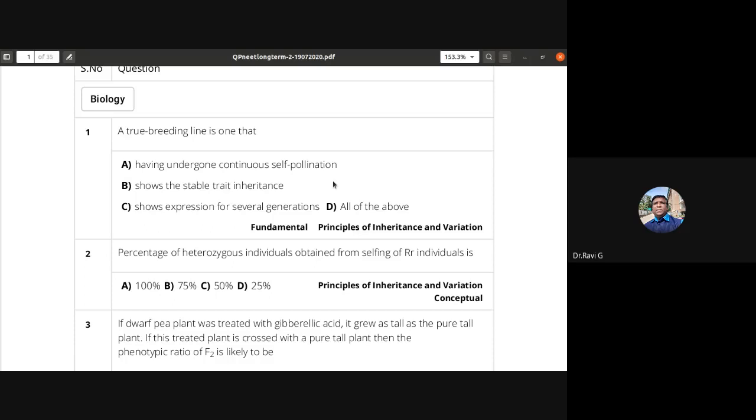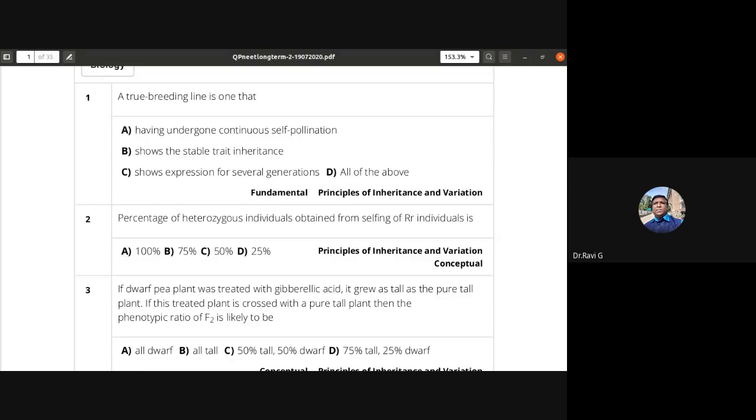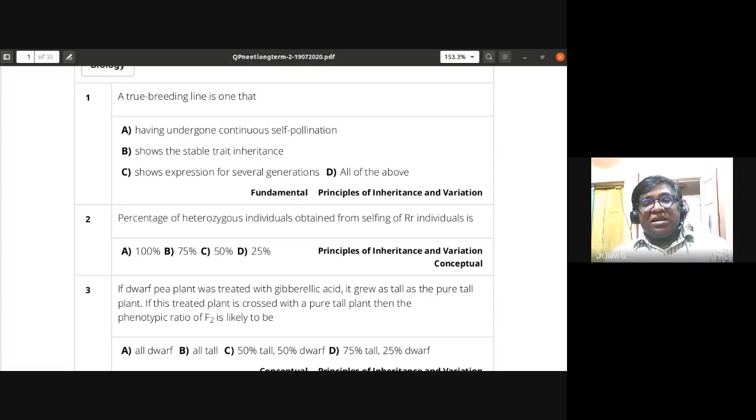The second question: the percentage of heterozygous individuals obtained from selfing of Rr individuals. If you self the heterozygous Rr, you get a 1 is to 2 is to 1 ratio.